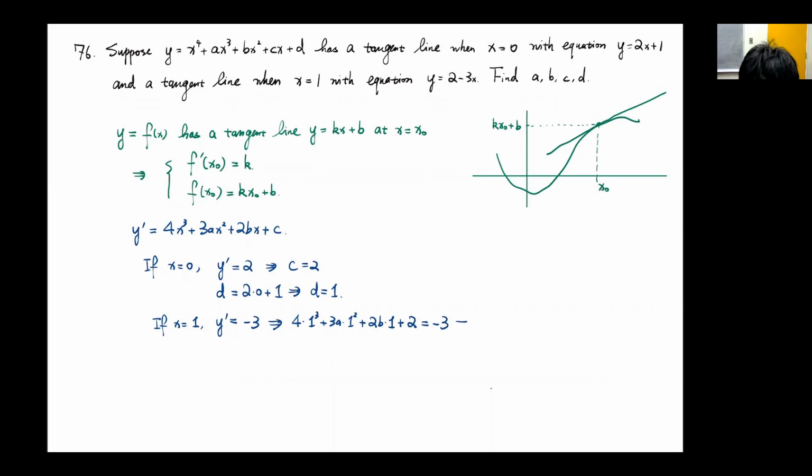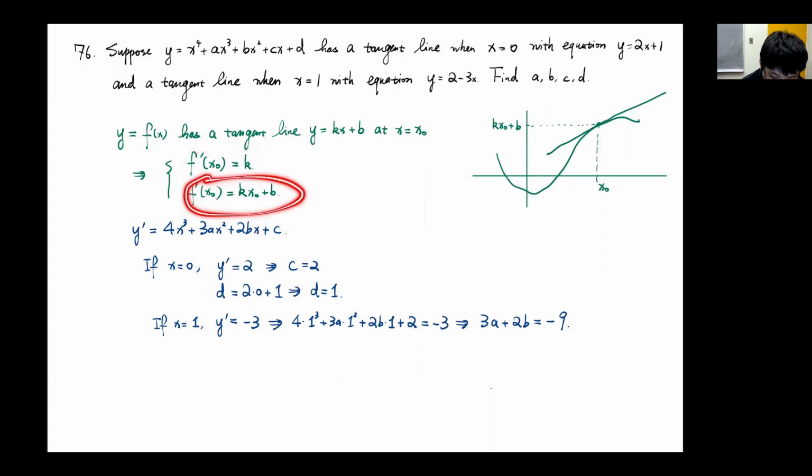Let's simplify this a little bit. If we move 2 to the right, we get minus 5, and moving the 4 to the right, we get minus 9. So we get 3a plus 2b equals minus 9. That is the first equation regarding a and b that we obtain from the first condition.